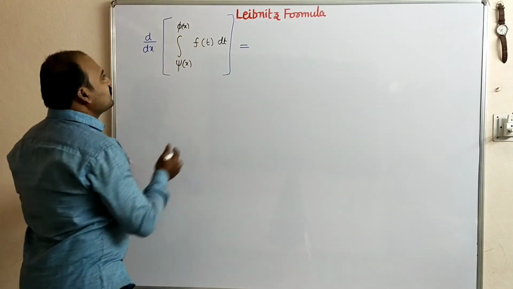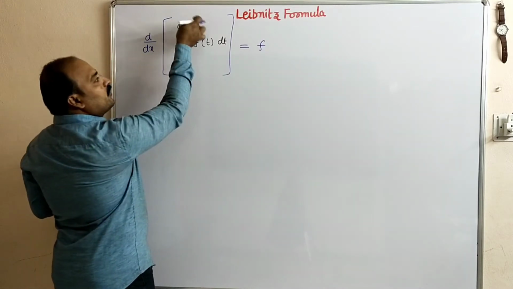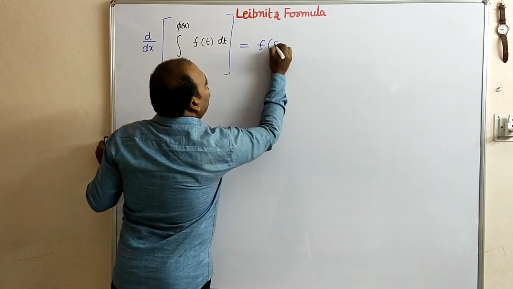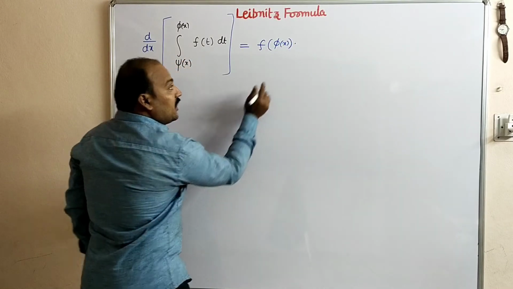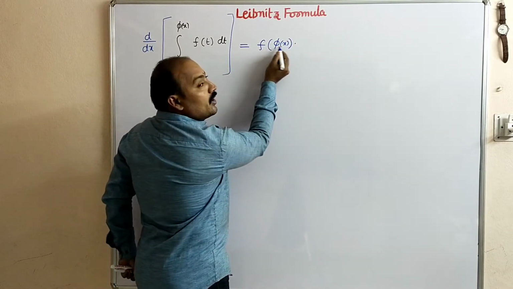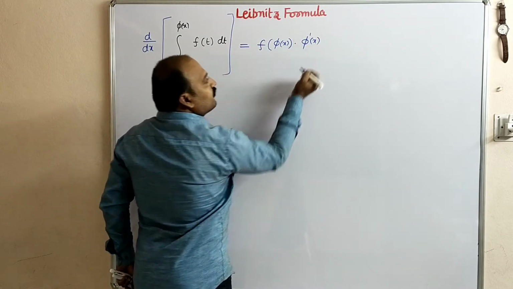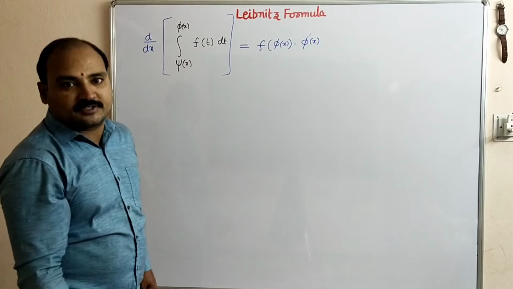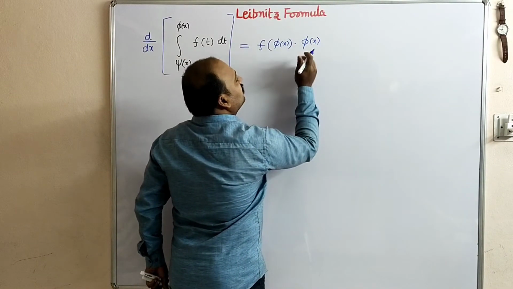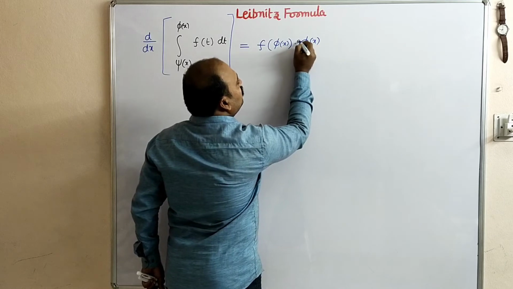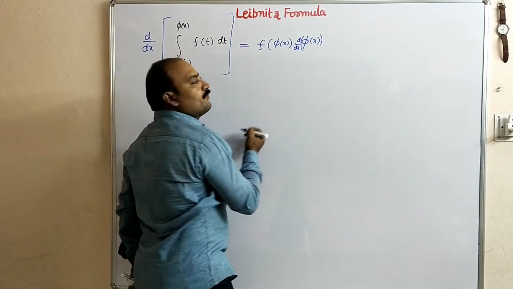See how it is: in place of t, the upper limit, we are substituting, f of phi of x, into the derivative of this function. Phi of x derivative is phi dash of x, or we can also write d by dx of phi of x. It is better to write it like this, because most students won't understand if you write phi dash of x directly.